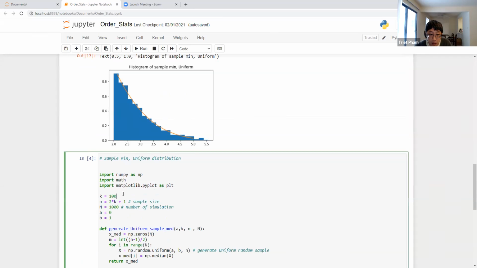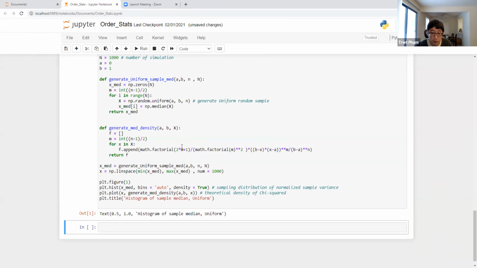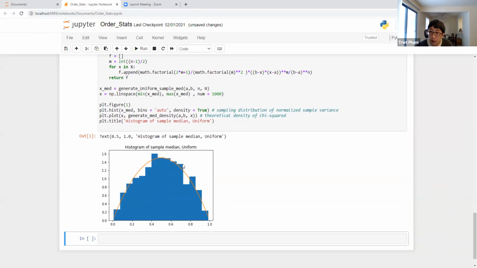Sample median, here, let me just change to 3. So here, when k equals 1, this is sample size 3. Let me run that. So there, it looks like this. Actually, you see, sorry, this is a uniform. The uniform is symmetric around its mean as well.